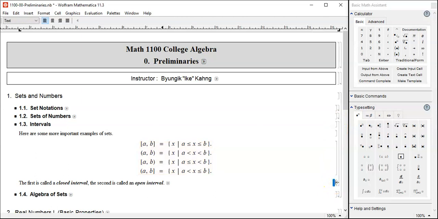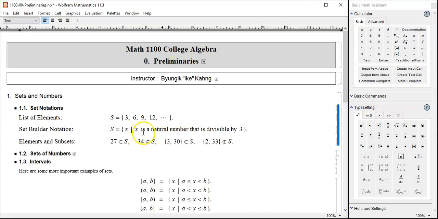Sometimes, of course, when things are a little bit more explicit, I'm going to use some other set if there's no danger of confusion. Things like this, for example, x is a natural number that is divisible by 3.